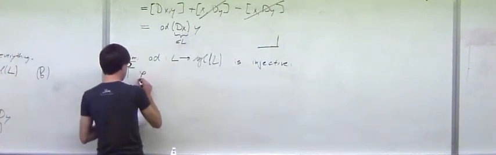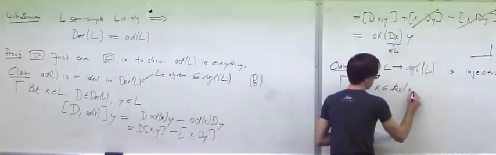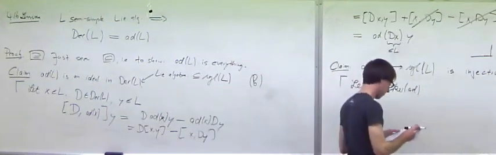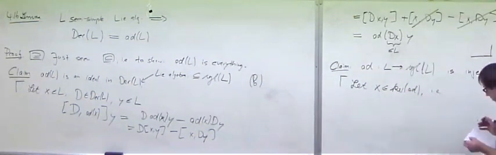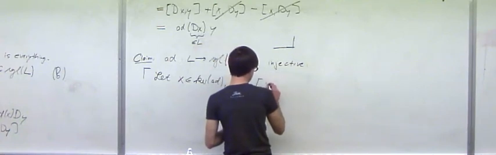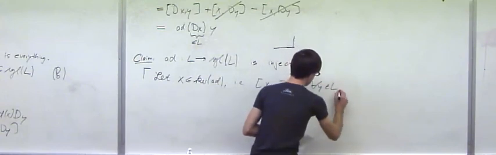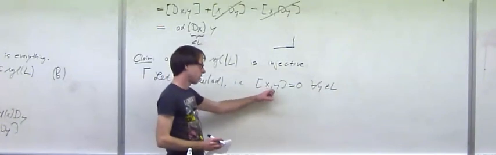Well, we take an element x in the kernel, and we have to show that x is 0. Well, x is in the kernel. That means ad x is 0. That means all brackets [x, y] vanish. ad x is the 0 map, so when I apply it to an arbitrary element, I always get 0.